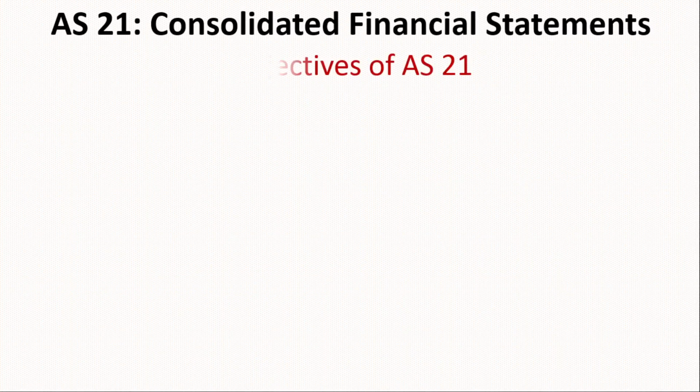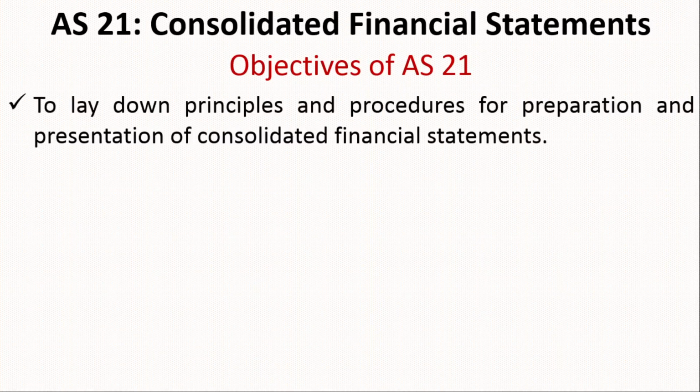This standard, that is AS21, is applied in accounting for investment in subsidiaries in the separate financial statements of a parent. So, what is AS21, that is consolidated financial statements, and what are the objectives of AS21 we have to discuss. The first one is to lay down principles and procedures for preparation and presentation of consolidated financial statements. This is the first objective, that the principle and procedure for preparation and presentation of consolidated financial statements is most important.